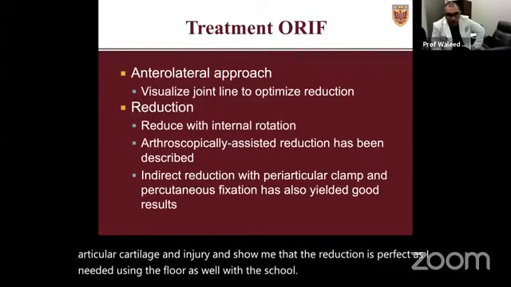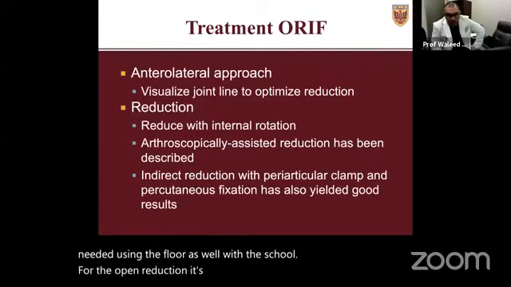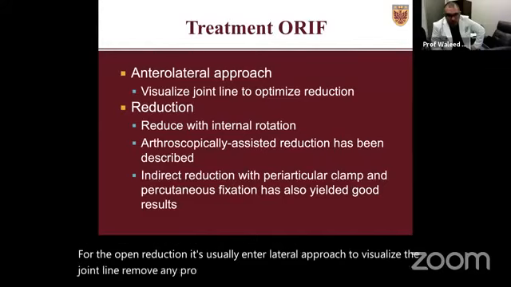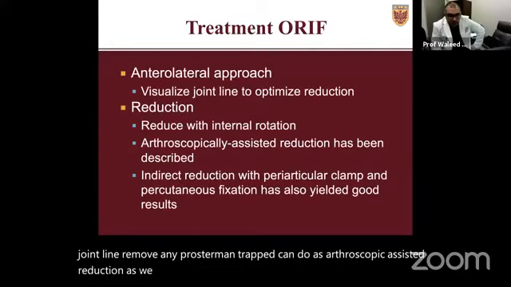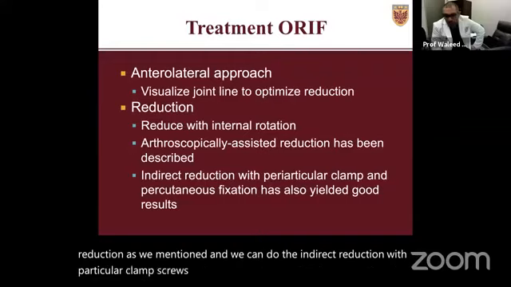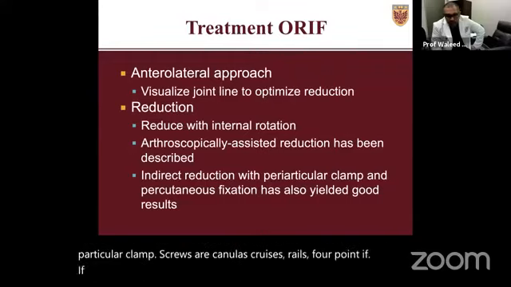For the open reduction, it's usually an anterolateral approach to visualize the joint line and remove any entrapped periosteum. You can do arthroscopic assisted reduction as we mentioned, and we can do indirect reduction with a periarticular clamp. Screws are cannulated screws, usually 4.0. If you can take 4.5, that's fine. 4.2 is usually enough, and 1 screw is usually enough.